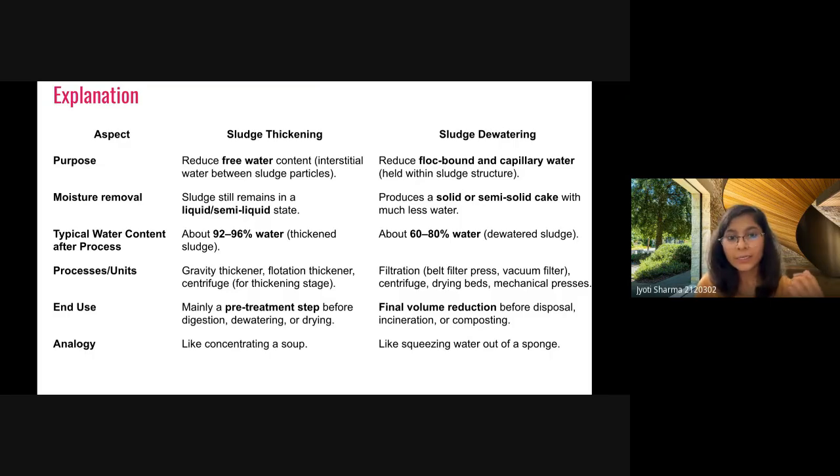As we learned, in the thickening process we have gravity thickeners and flotation, right? But in sludge dewatering, we have different filters, for example cloth filter, centrifuge, and drying beds. We will talk about these terms: filtration, centrifuge, drying beds. These are different methods under sludge dewatering. Thickening is mainly a pre-treatment step before digestion, and dewatering is mostly the final volume reduction step, right?